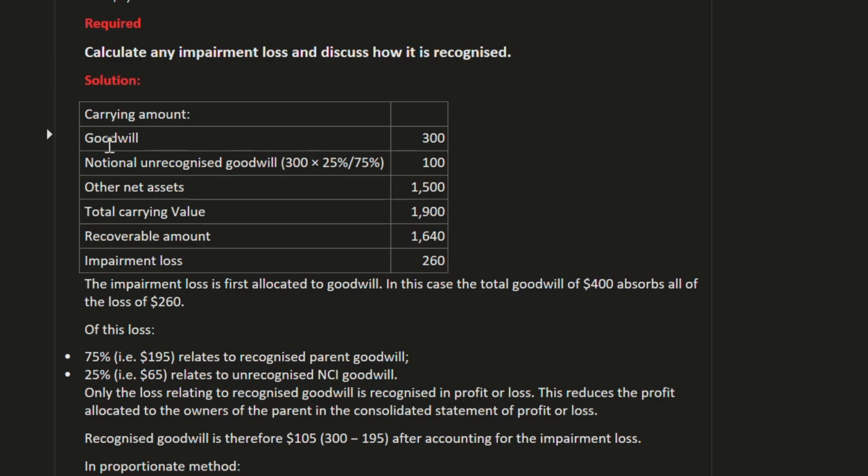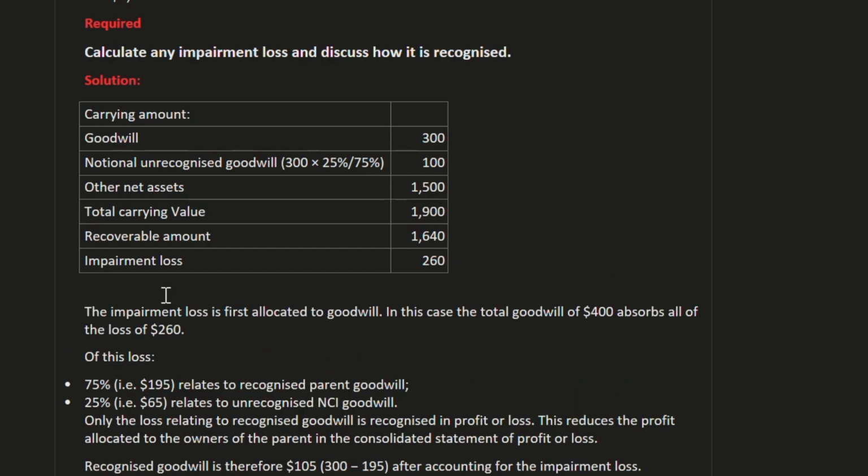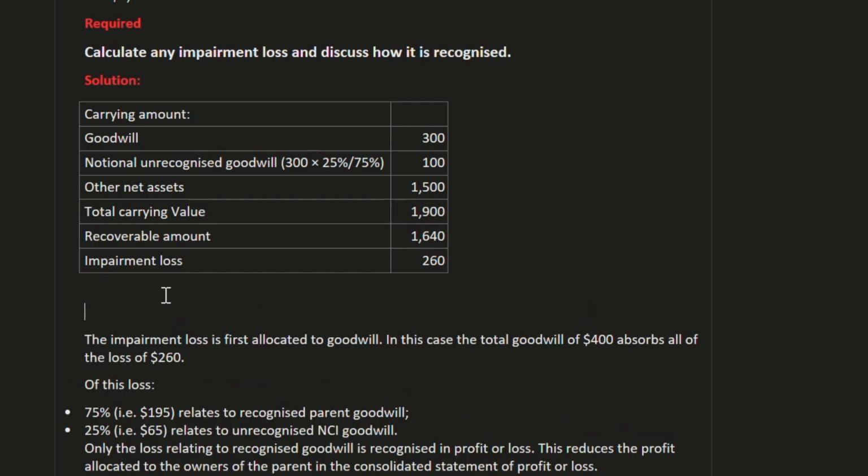Carrying amount: first we have goodwill plus notional unrecognized goodwill. Now, the important point: how to calculate notional unrecognized goodwill in the case of the partial method. Let me show you. Let me make a simple formula so that you can solve it easily.